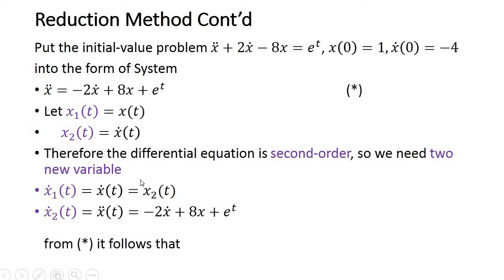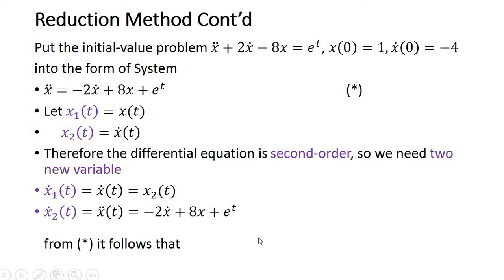The first one is given by x2, and the other one is given by this. You need to substitute for x and x prime. You know that x prime equals x2, and x equals x1.